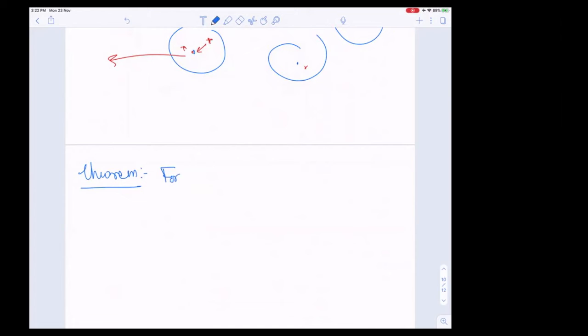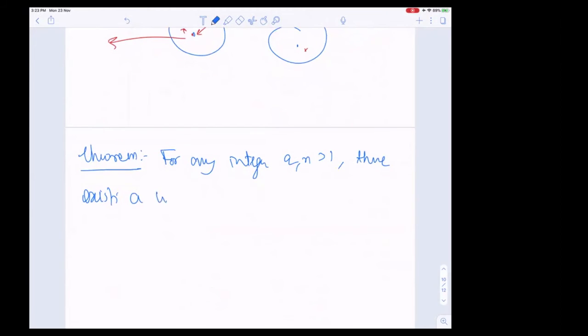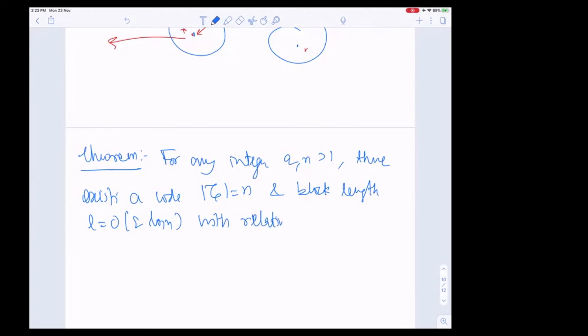What is known is that for any integers q, n greater than or equal to 1, there exists a code with 2 to the power n codewords and block length L equal to order q log n, with relative distance 1 minus 6 over q.